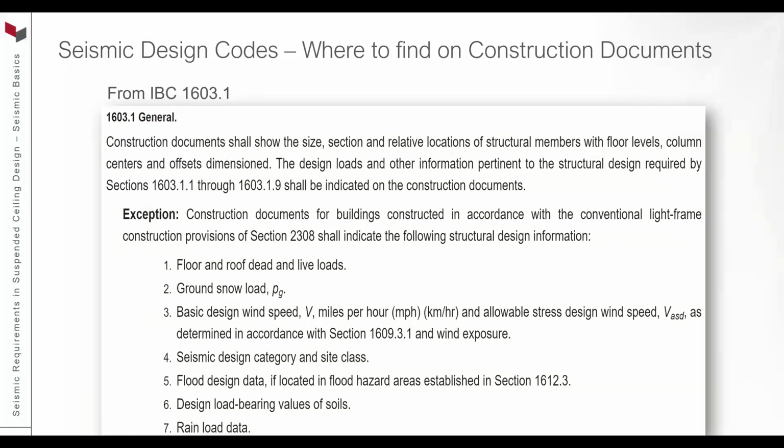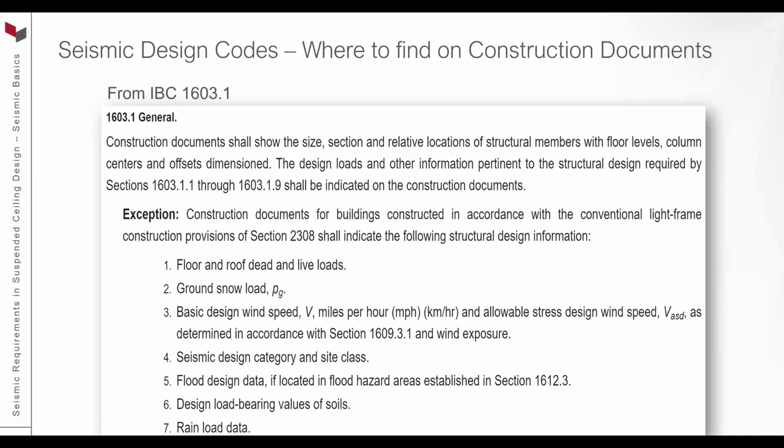So the question we get a lot is, where do we find the seismic information in the construction documents or in the set of plans? The IBC determined that we need to know that as installers and contractors, but we need to find out who is responsible for designing those, who is responsible for putting those numbers together, for telling us what category we're building in and what are the requirements within that.